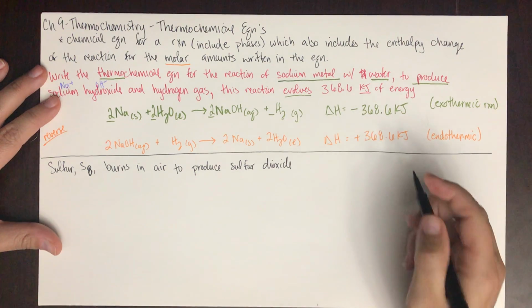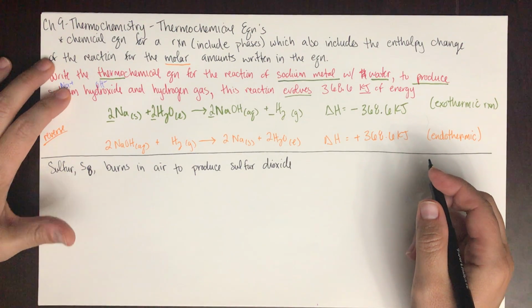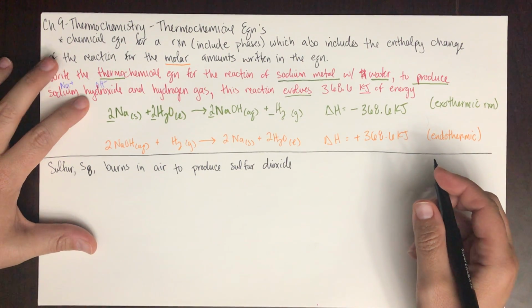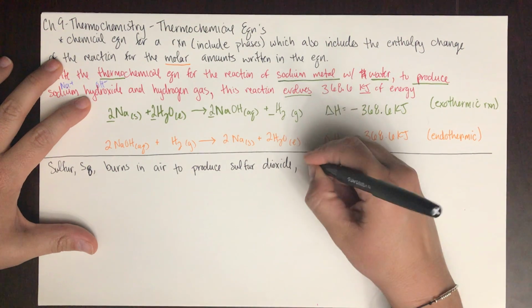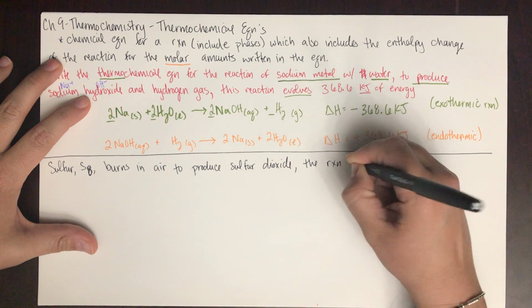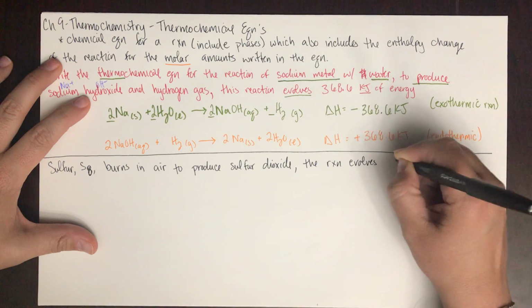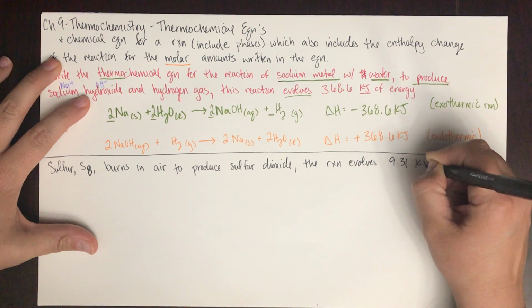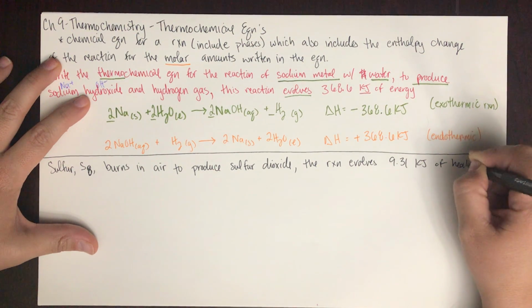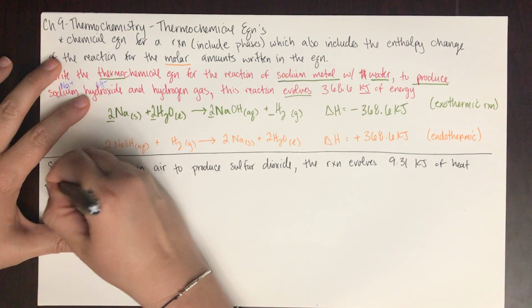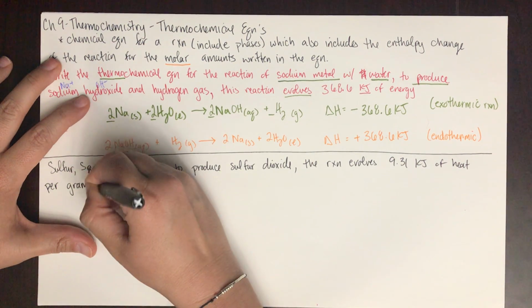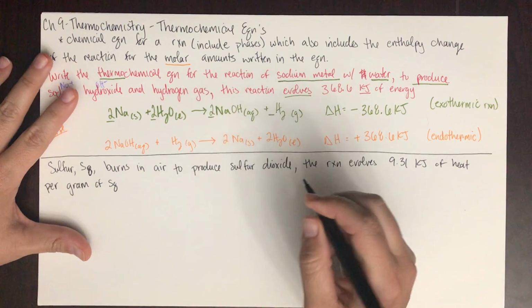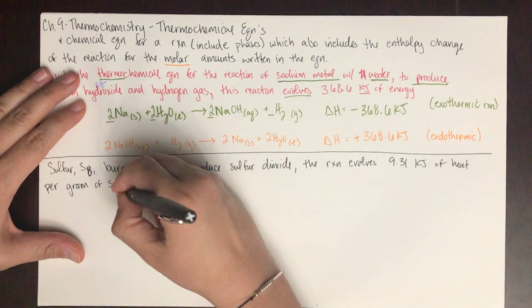The reaction evolves 9.31 kilojoules of heat per gram of sulfur. Write the thermochemical equation.